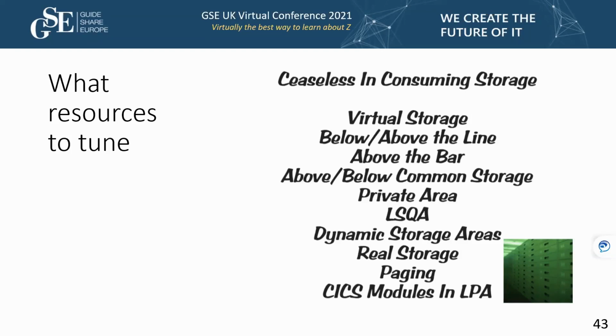So the next question is what resources should we go about tuning, right? Well, you notice CICS can sometimes be considered ceaseless in consuming storage, right? Storage was always a big problem. It's less so today, right? IBM has been moving more and more stuff above the bar.